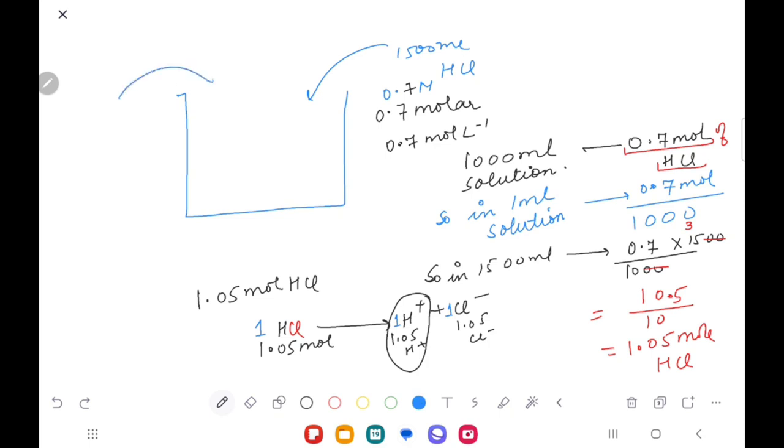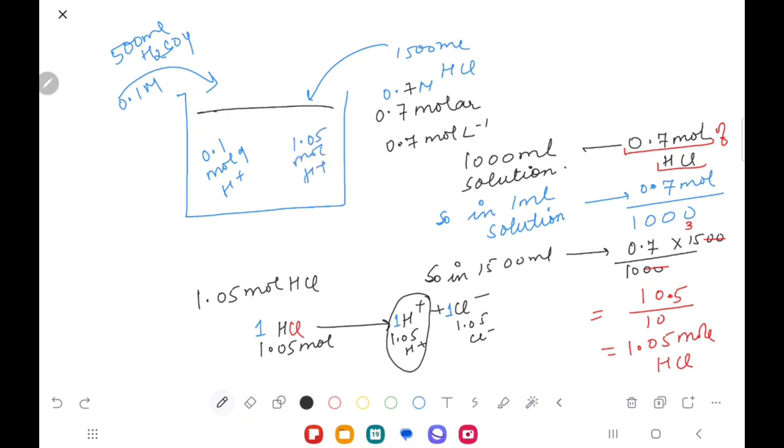So do you remember that, from this side I was adding 500 ml of H2SO4, which was 0.1 molar. So I got to have 0.1 molar. So I got to have how many moles? I got to have 0.1 moles of H plus coming here because I calculated. And from here I'm going to get 1.05 moles of H plus.